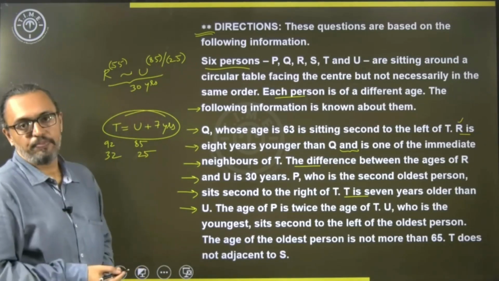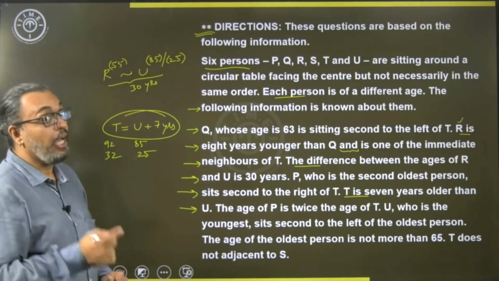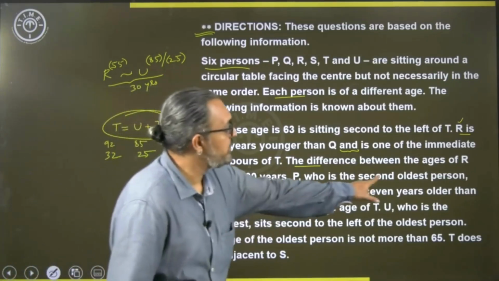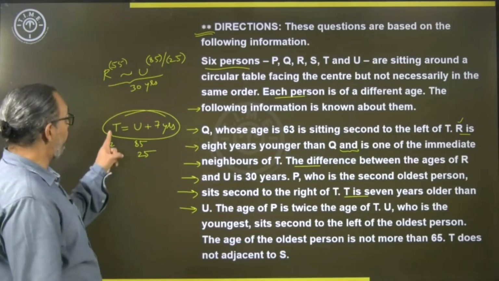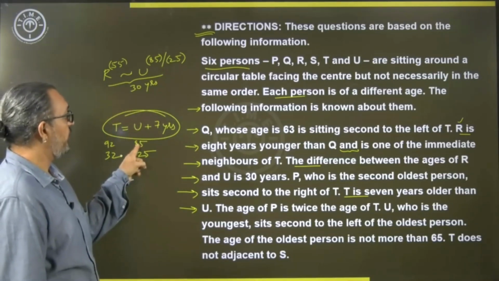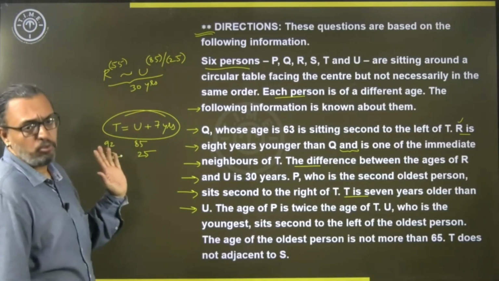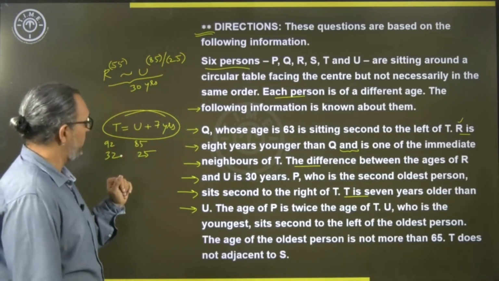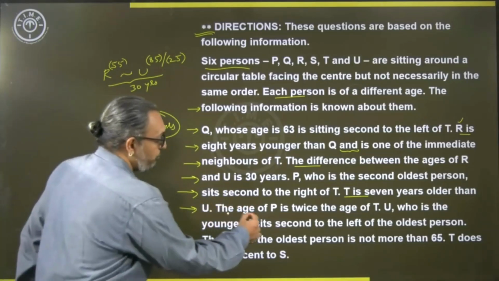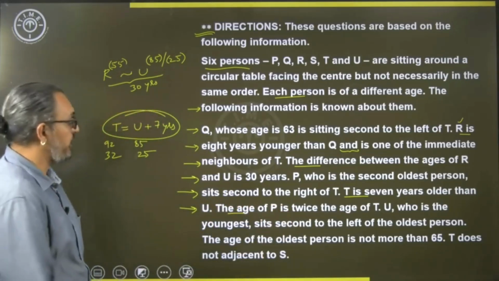So, one of these two. But earlier he had clearly mentioned that P is the second oldest. If I take T as 92, then U as 85, still P can be the second oldest, no problem, correct?